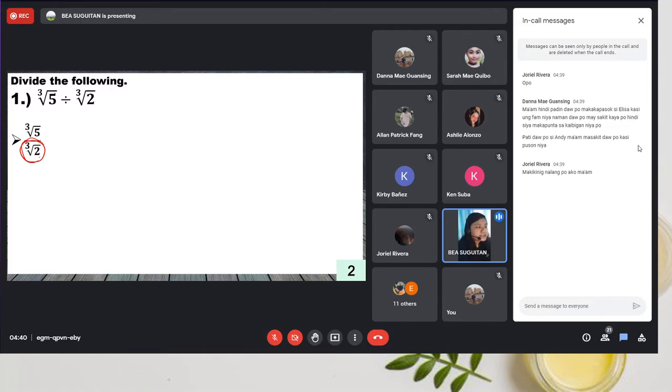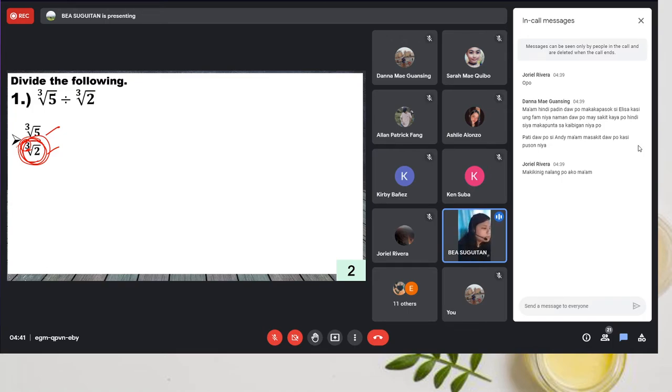So in this case, we have to think of a certain number or a certain radical expression that we are going to multiply on both numerator and denominator, so that our denominator will be a perfect cube. This time cube naman to kasi ang index natin ay 3.